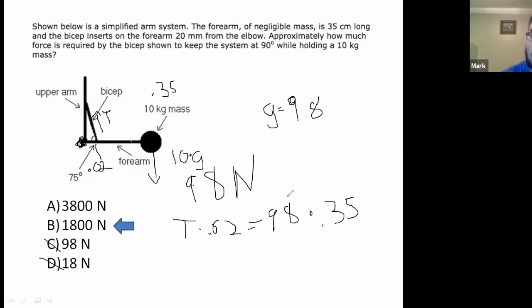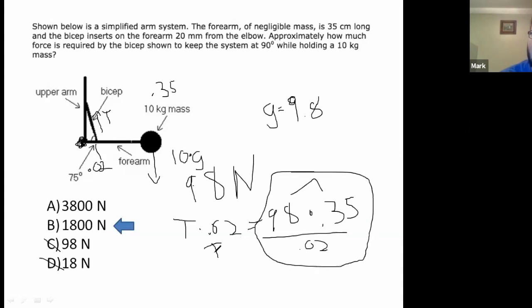You multiply these out, and then divide by 0.02, and that's how you get the tension. I'm not going to do the math right now, but this is what you would do. Once you do that, you'd get a tension of about 1750, something like that.